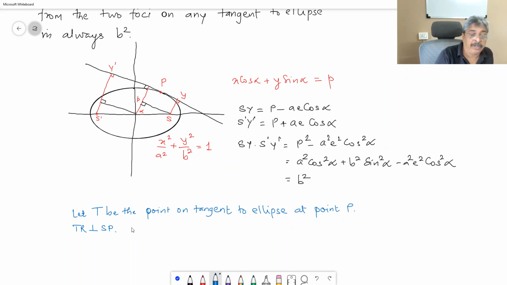TM is perpendicular to the directrix. Then SR is equal to e times TM.